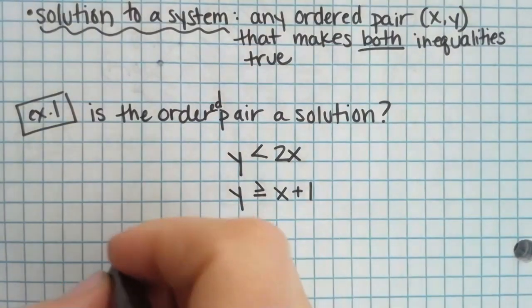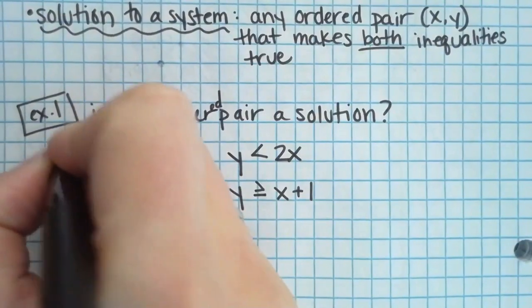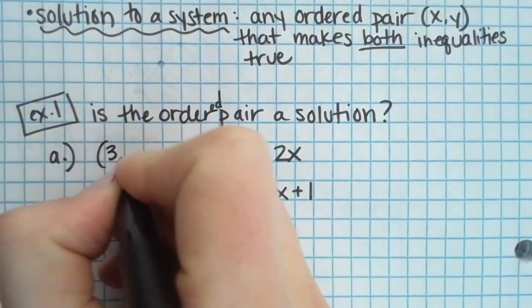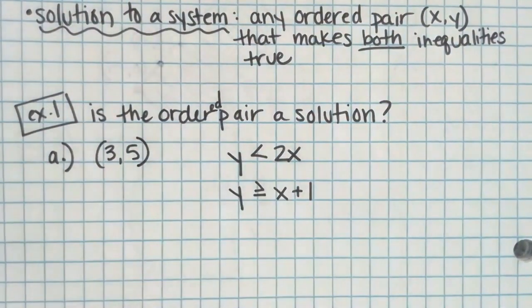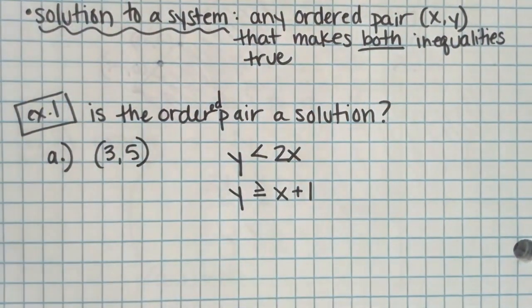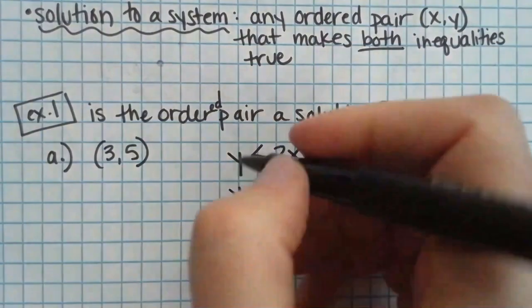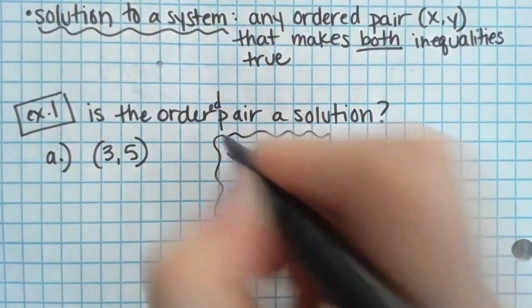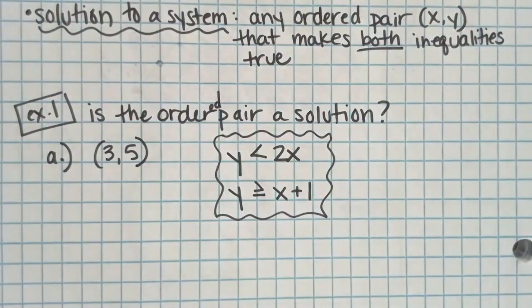So first they want us to check, is this ordered pair (3, 5) a solution to this system? We're going to do the same thing that we were working on yesterday.